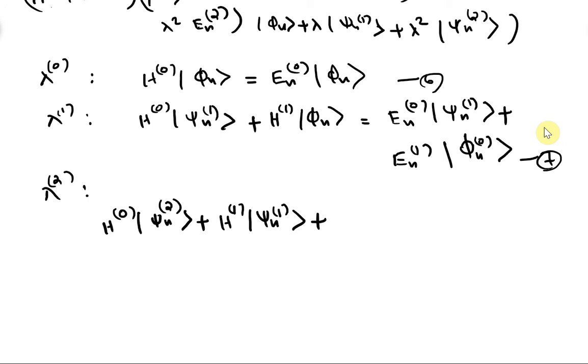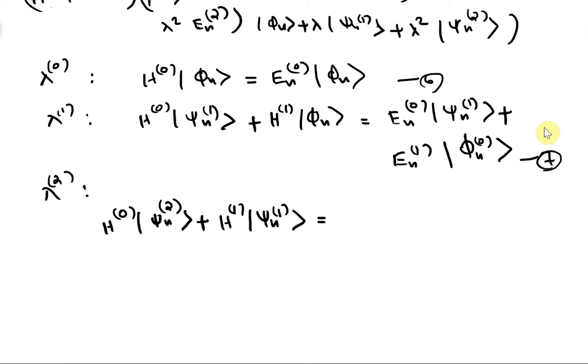And another possibility is to multiply H2 with the psi n0, but H2 is not there, we have only one correction term in our Hamiltonian. So that's it, there is no plus term. H1 H2 is not there.